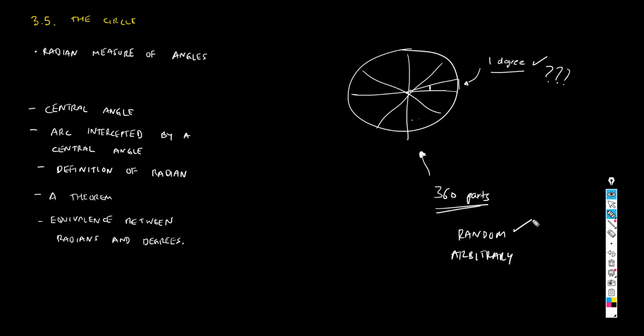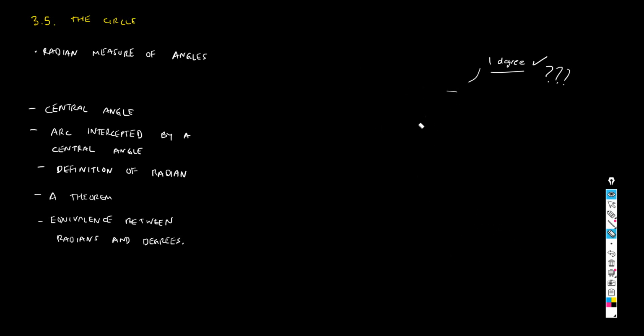So there's a supposedly better way. I don't know if it's really better, I'm a little hesitant about that. But there's a better way to define a measurement for angles, and that way is through the radian. It's going to sound a little complicated at first, but you have to get used to it.